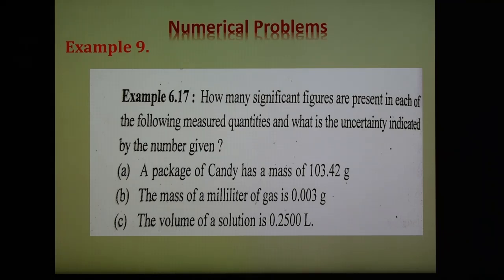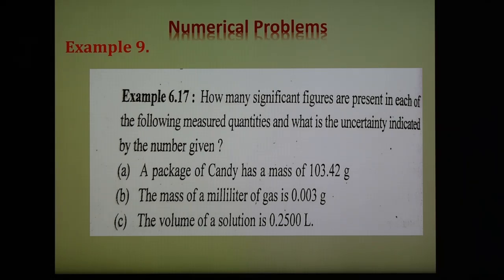Third, the volume of a solution is 0.2500 liter. In the case of the first, counting from the first non-zero digit in 103.42 to the last digit expressed, there are 5 significant figures. Therefore the uncertainty is plus minus 0.01.